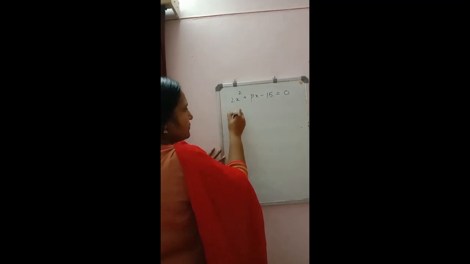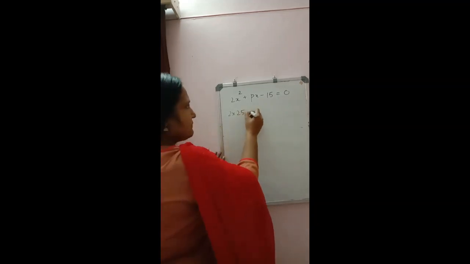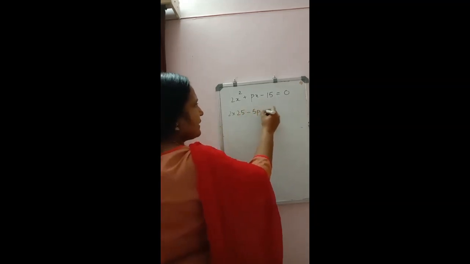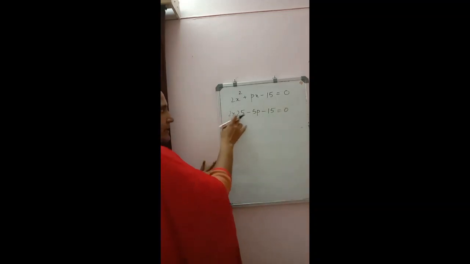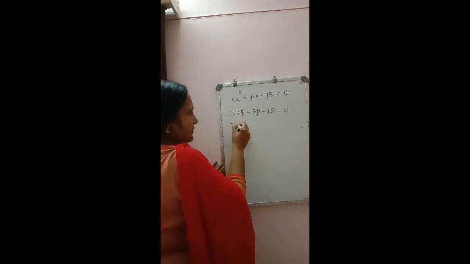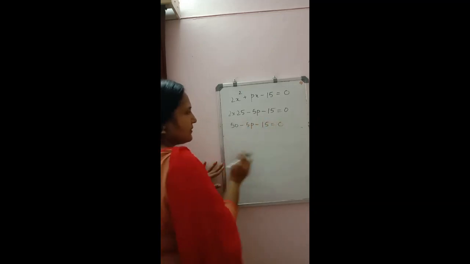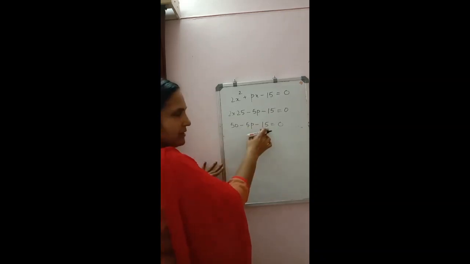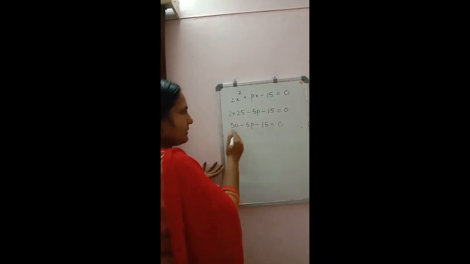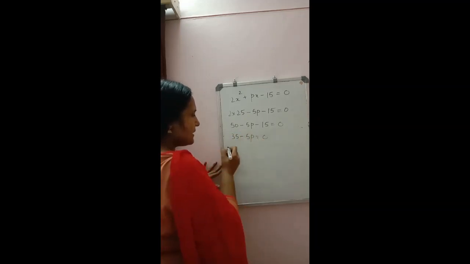So in place of x substitute minus 5. It will be equal to 2 into (minus 5) the whole square, which is 25, p into minus 5 will be minus 5p, minus 15 is equal to 0. 25 twos will be equal to 50, minus 5p minus 15 is equal to 0. 50 minus 15: 50 minus 10 is 40, 40 minus 5, 35. So 35 minus 5p is equal to 0.